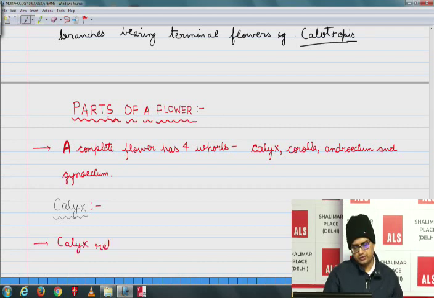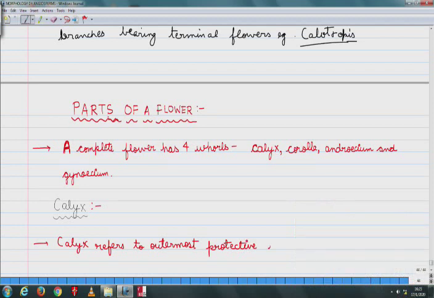Calyx refers to the outermost protective whorl of a flower.